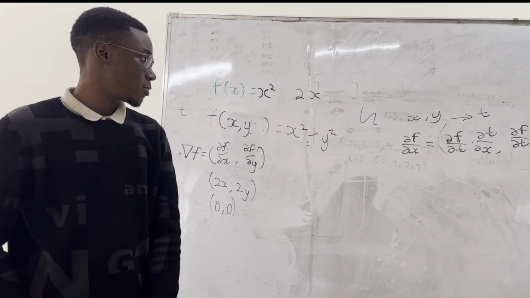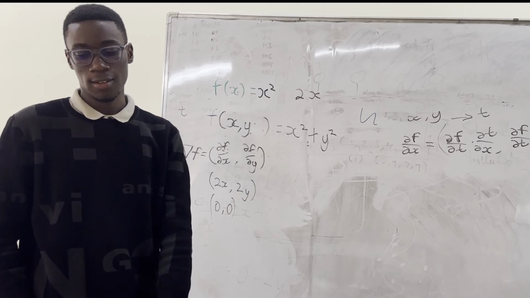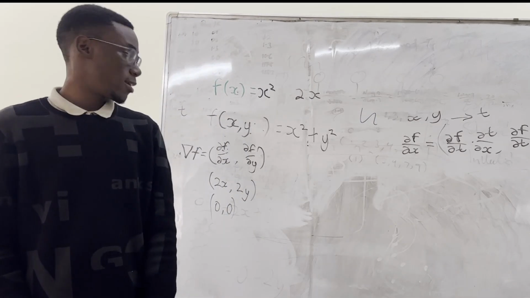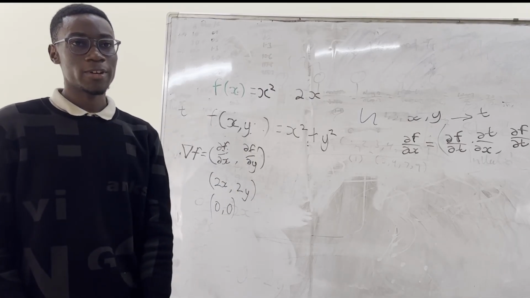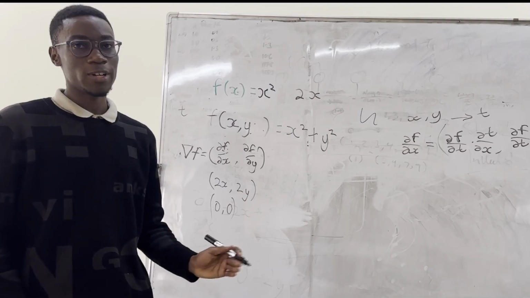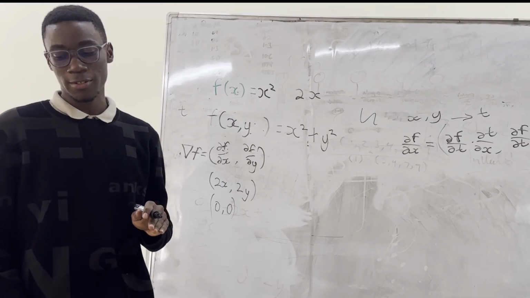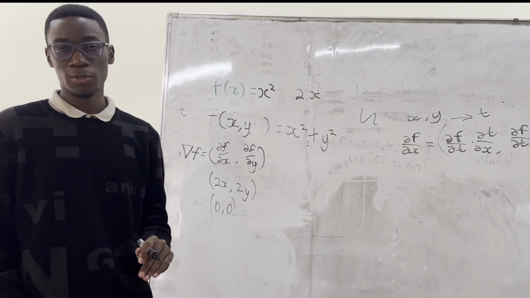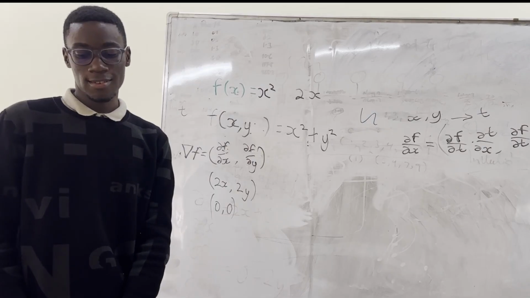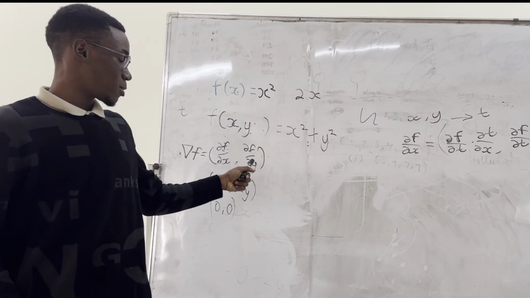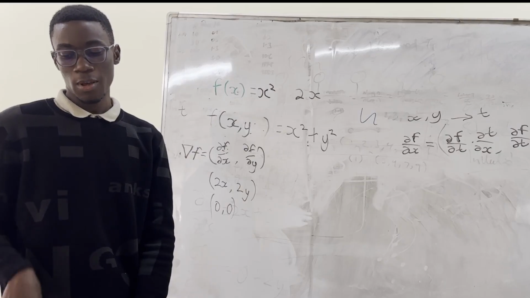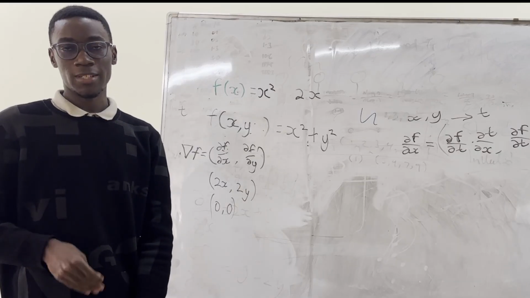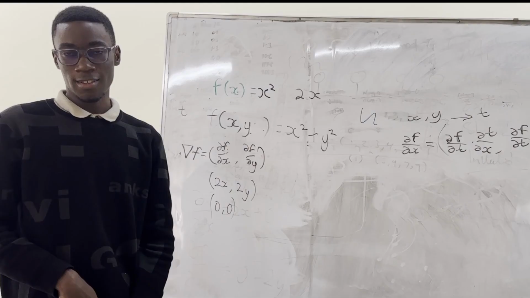So what partial derivatives tell us is that if you're moving in the x direction, the function is either going up or down in that direction, and also how steep it's going. And with respect to y, you're moving in the y direction, either up or down, in that specific direction, and also how steep.